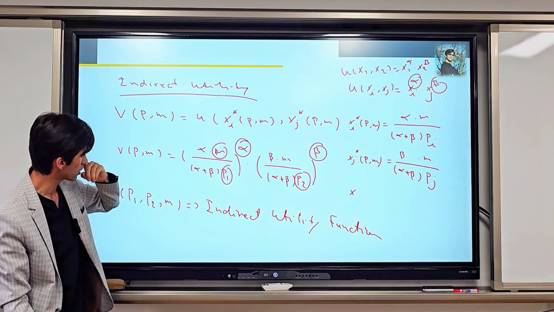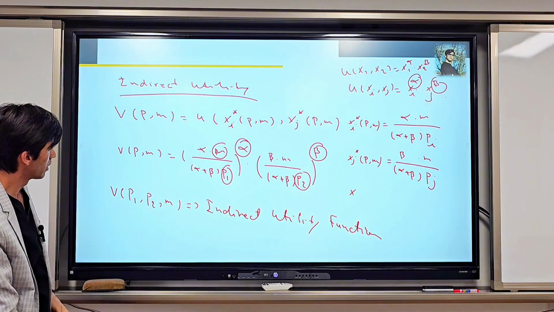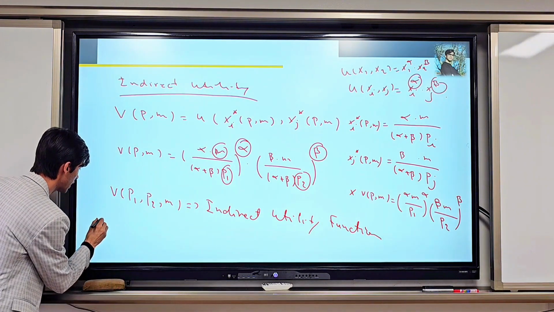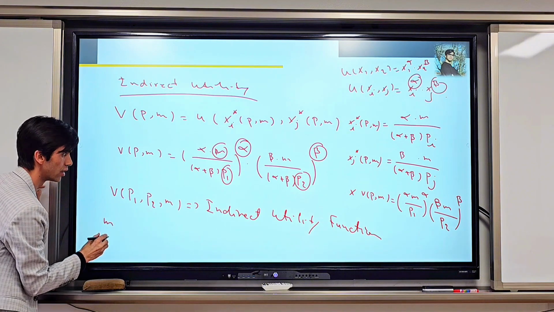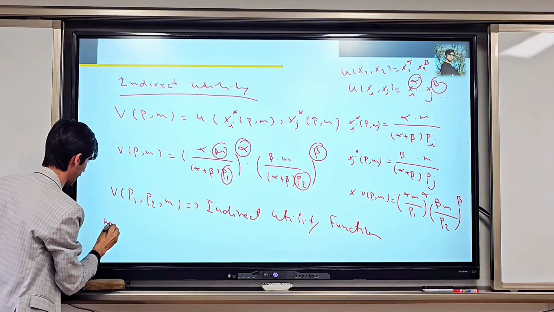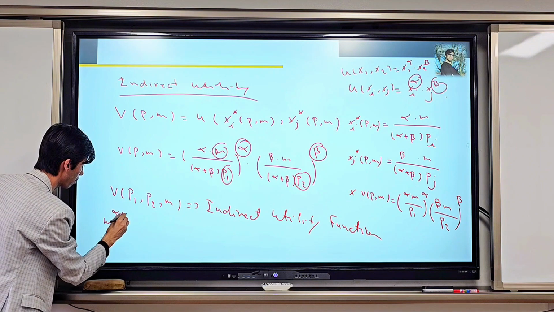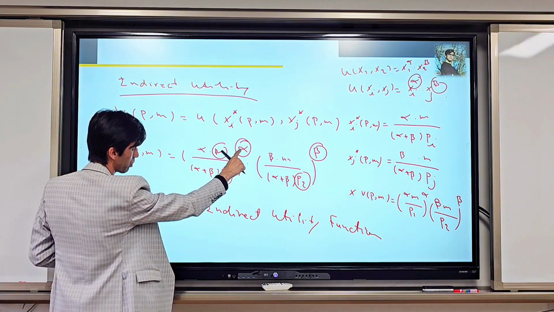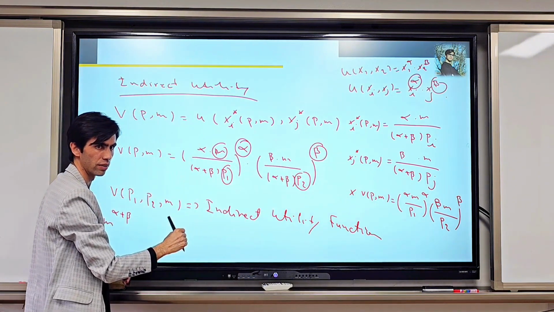We can simplify this more, also raising to the power. How can we simplify this? Is there any way? As you see this m, we can change it to m to the power of alpha plus beta, because we have m to the power of alpha and m to the power of beta.